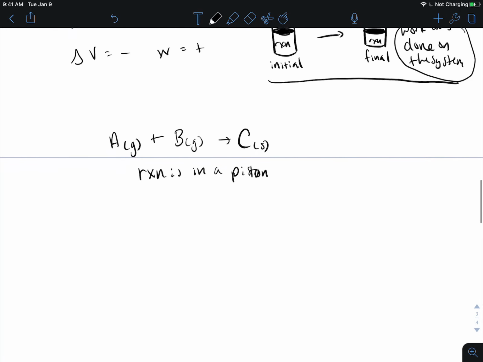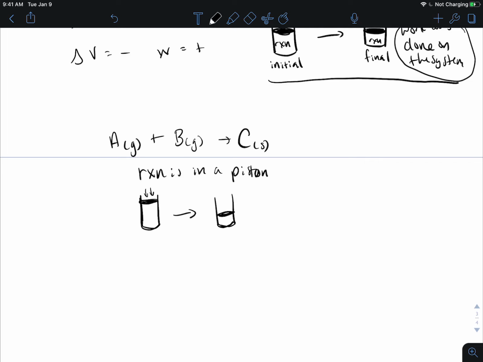It's going to start out with a fairly large amount of volume, and as we lose the gas, it's going to compress down. So work will be done on the system.